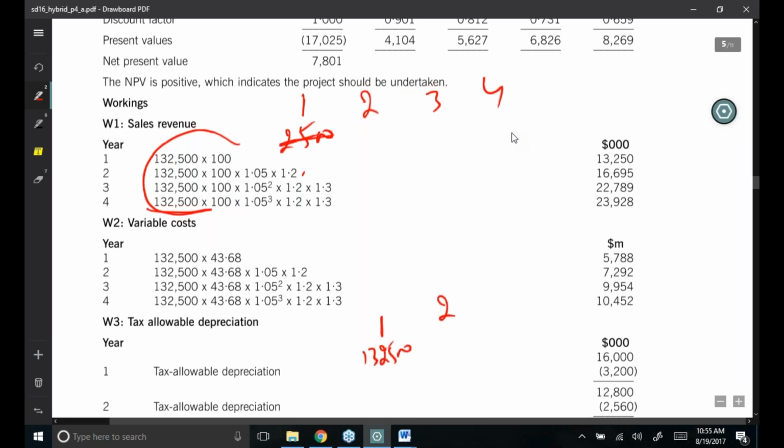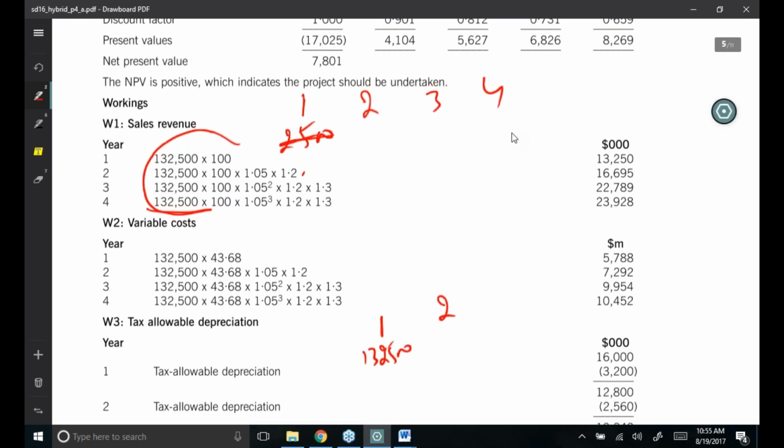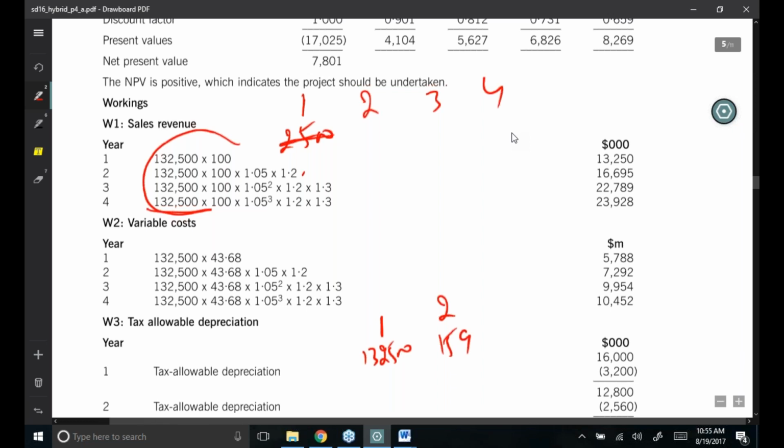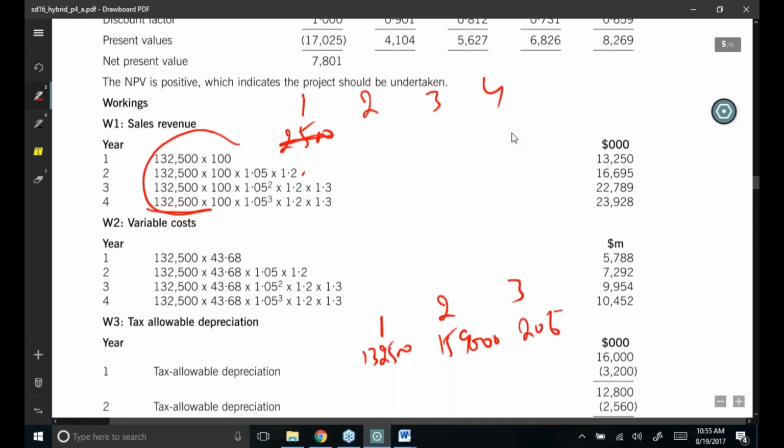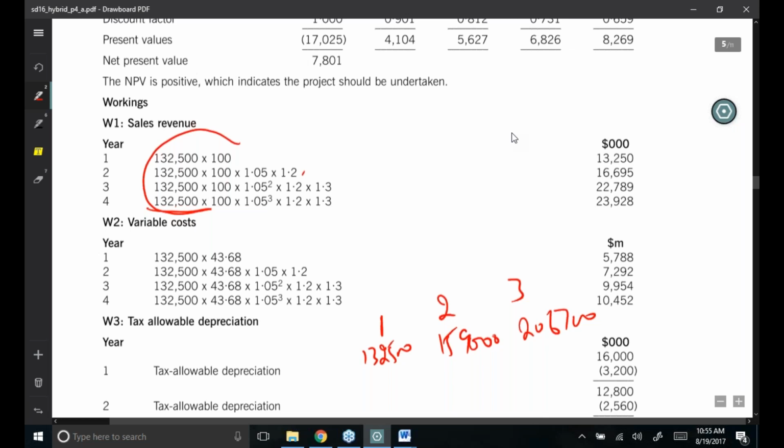In year 2, it will increase by 1.2, like 20%. This will be 159,000. In year 3, it will increase by 30%. It will be 206,700, and in last year it will be maintained. That's how you're gonna calculate the units.